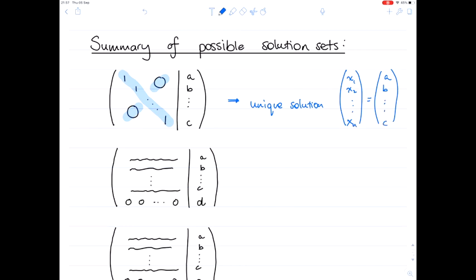And that's a unique solution. So it looks like you've got lots of solutions, but this whole point is the solution.